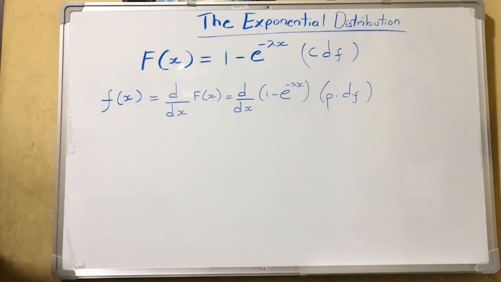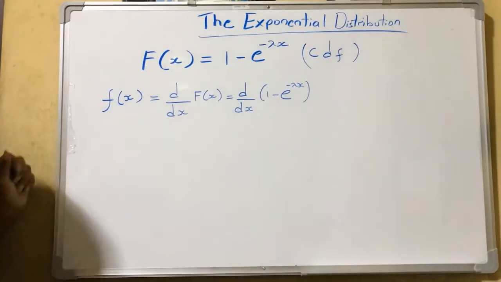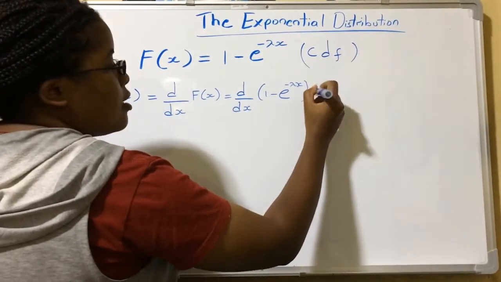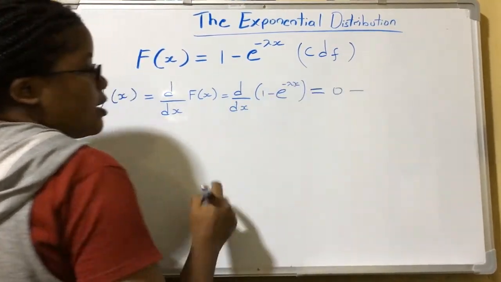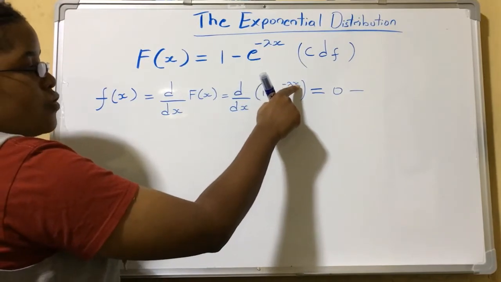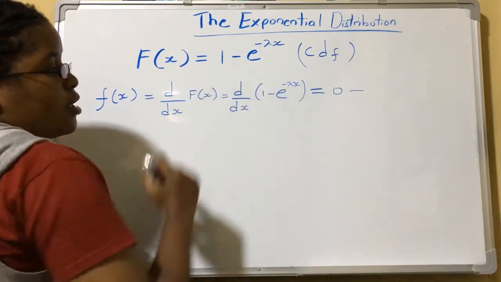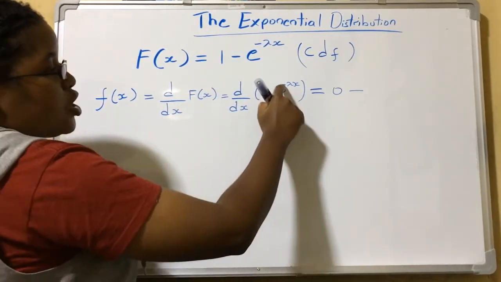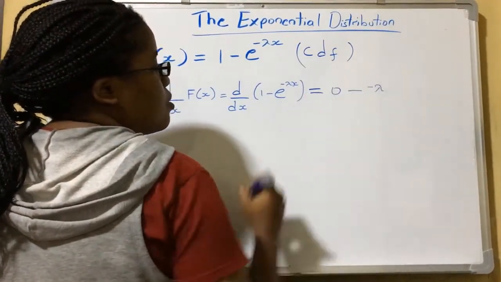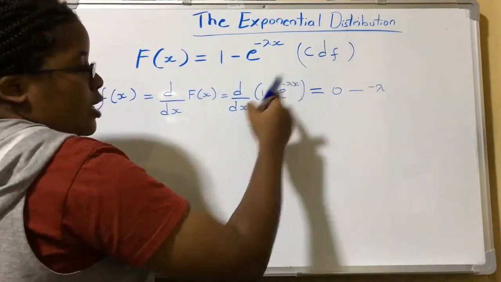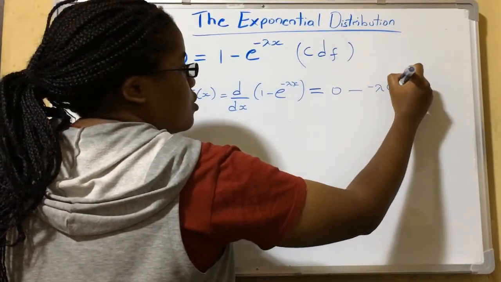The solution to this will give us our PDF. If we differentiate with respect to x, 1 is a constant, so it gives us 0, minus the derivative of exponential negative lambda x with respect to x. We have to differentiate the power there: differentiating negative lambda x, negative lambda will drop down, so that you remain with exponential negative lambda x, and differentiating the exponential function gives the exponential function.